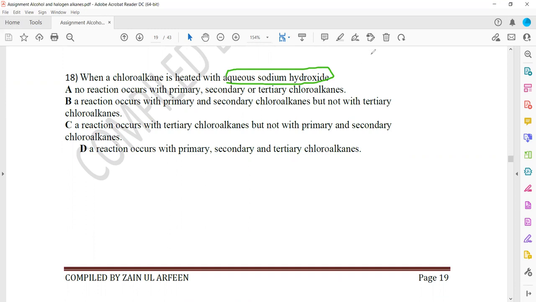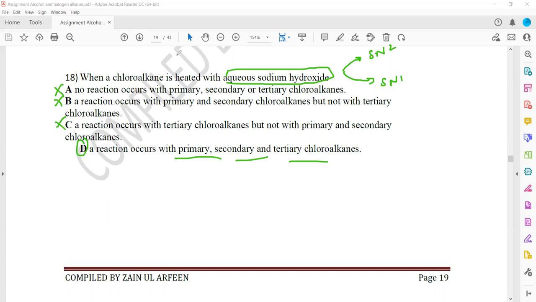Primary and secondary normally undergo SN2, and tertiary will undergo SN1. So no reaction with primary, secondary or tertiary is wrong. A reaction with primary and secondary but not tertiary is wrong. A reaction with tertiary but not primary or secondary is also wrong. A reaction occurs with all primary, secondary and tertiary, so option D is right.